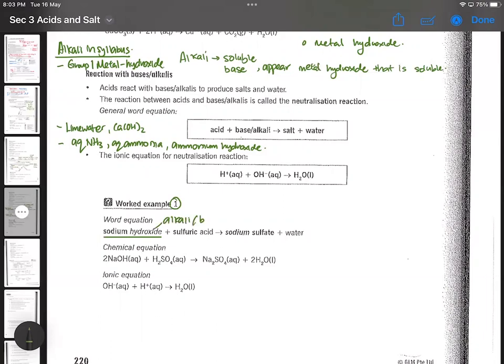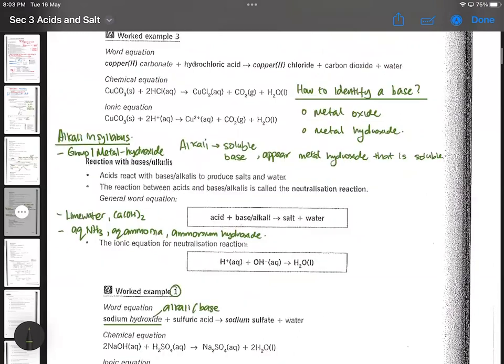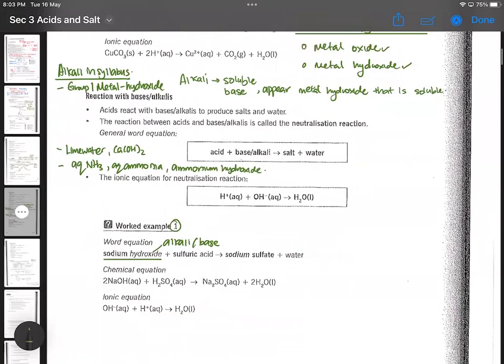It is also a base, because remember, a base is a metal oxide or a metal hydroxide. Both of them are bases, the broad definition of a base. But because this sodium hydroxide is a group 1 metal, under the category of alkalis we say that group 1 metal hydroxides are classified as alkalis.